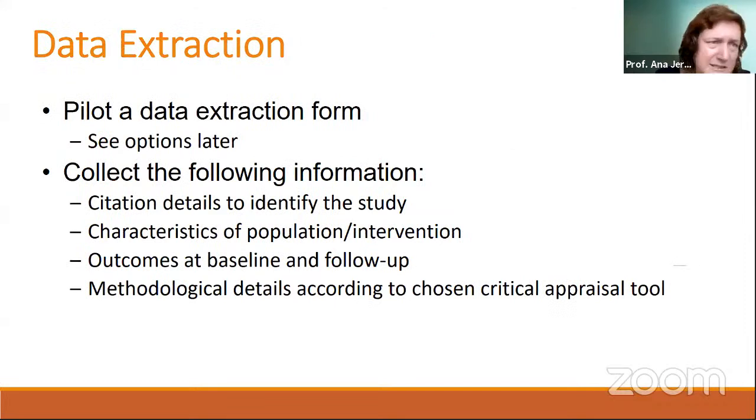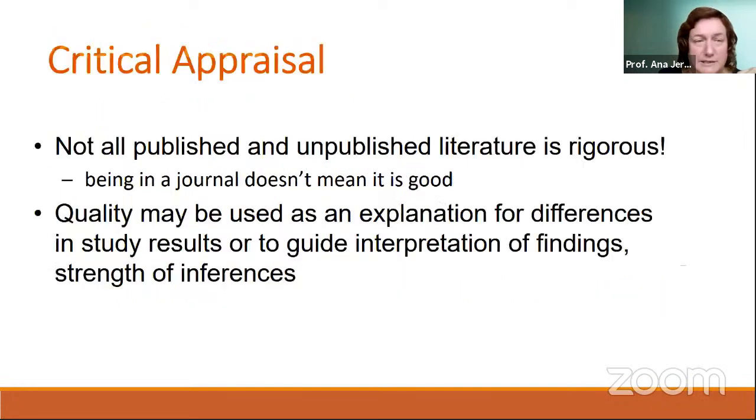So at the phase of data extraction, we need to collect data from the study. Usually, we have citation data, details, characteristics of population or intervention, including number of participants or timing of intervention or something like that, outcomes at baseline and follow-up, and methodological details.